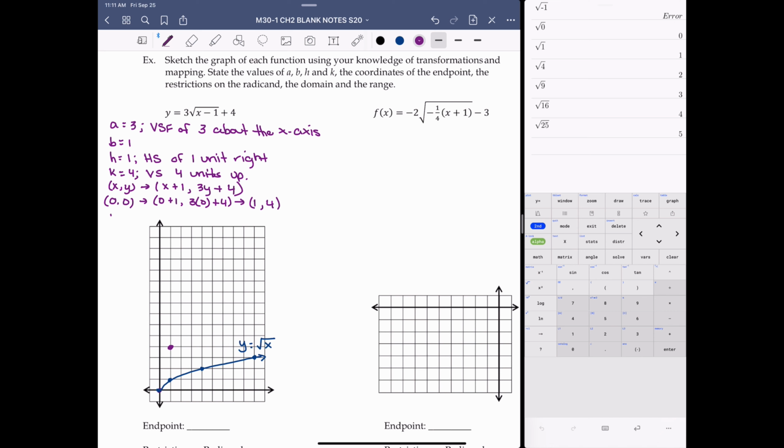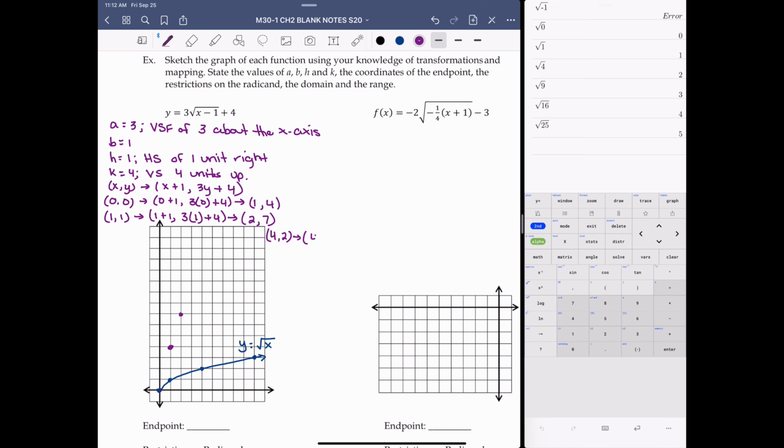Then we can do the next one, which was 1, 1. 1 plus 1, 3 times 1 plus 4 gives us 2 and 7. X equals 2, y equals 2, 4, 6, 7. Next point is 4, 2.